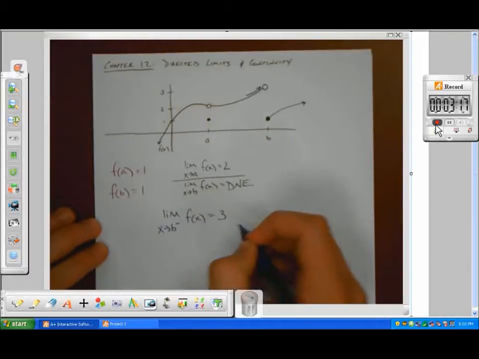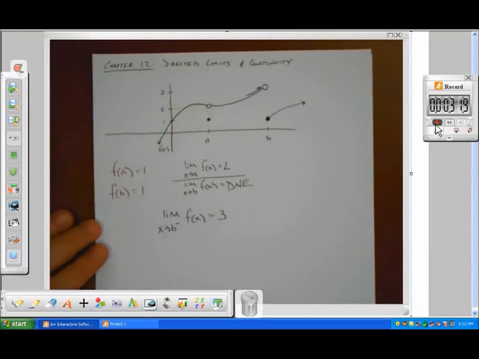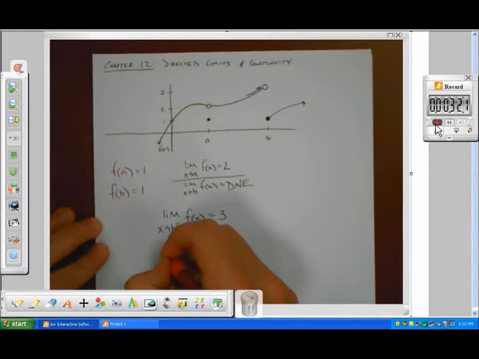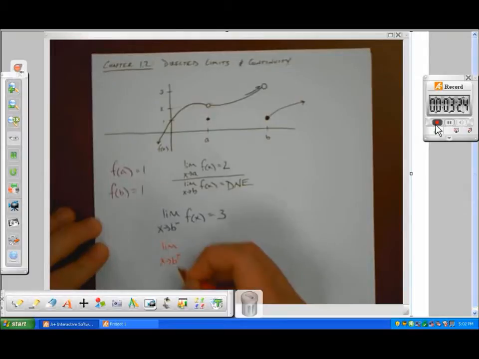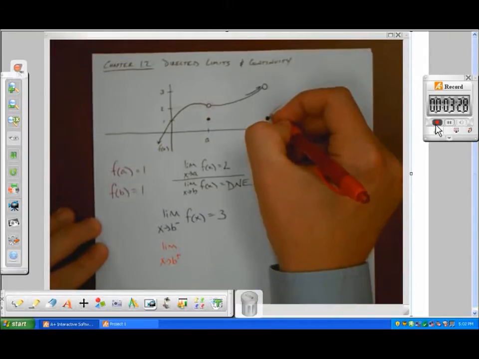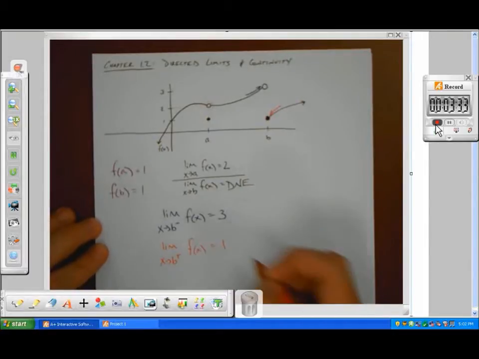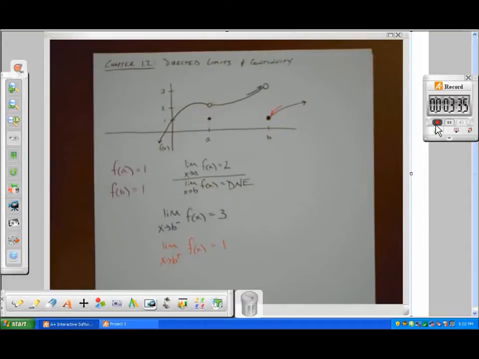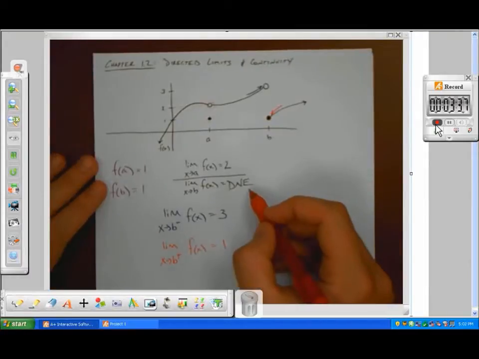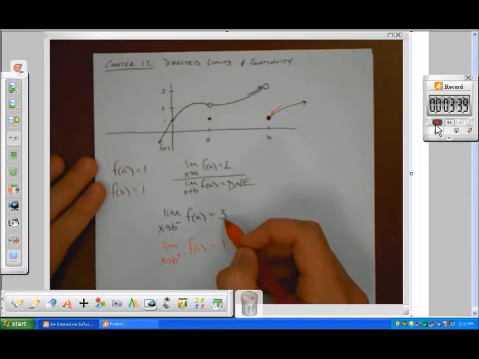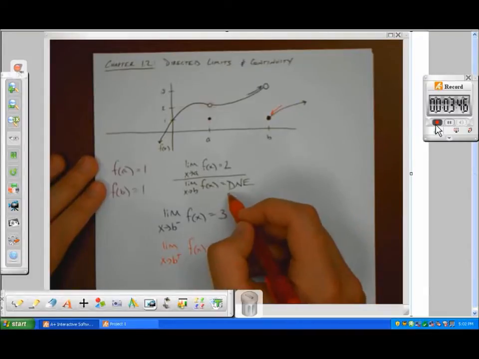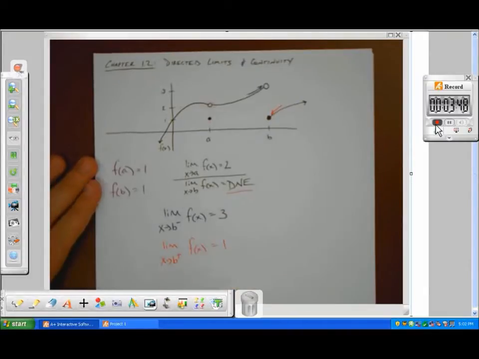The height is 3. And then from the right, the limit as x approaches b from the right. Here we are, coming from the right into the point. What's the height? The height is 1. This is why the limit does not exist. The limit from the left does not equal the limit from the right. When the limit from the left is not the limit from the right, the limit does not exist.